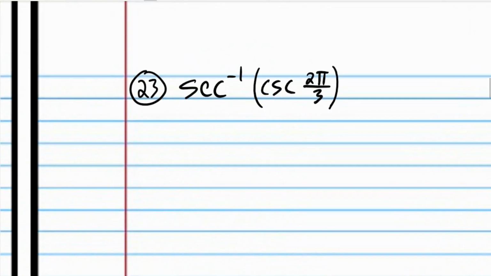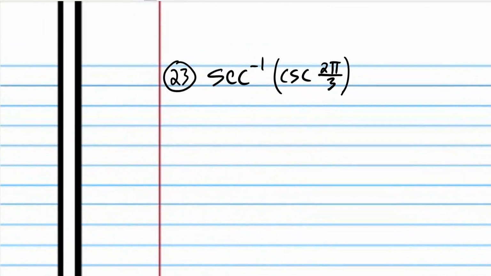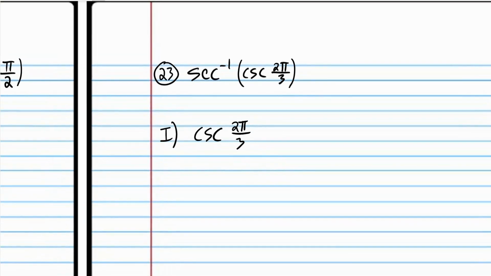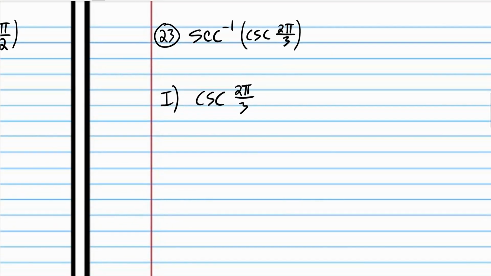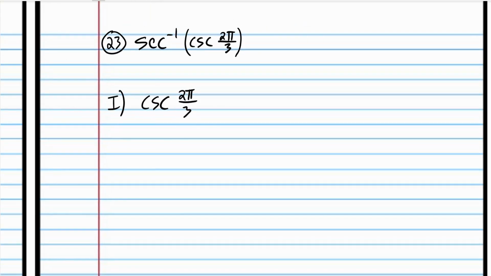Okay, we're back. So again, we're going to start by analyzing the inside part. And pi over 3 is 60. 60 times 2 is 120. So that is one way to figure out what that angle is, but you can also use your conversion factor.